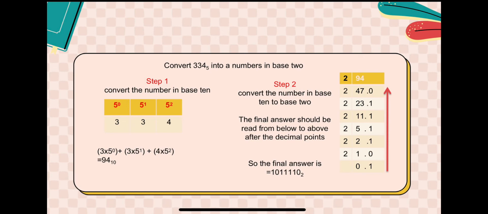So we have to use the number base, 2, to divide. But in another question, if they ask to convert the number to base 3, base 4 or base 5, we divide by the base that they asked to convert to.